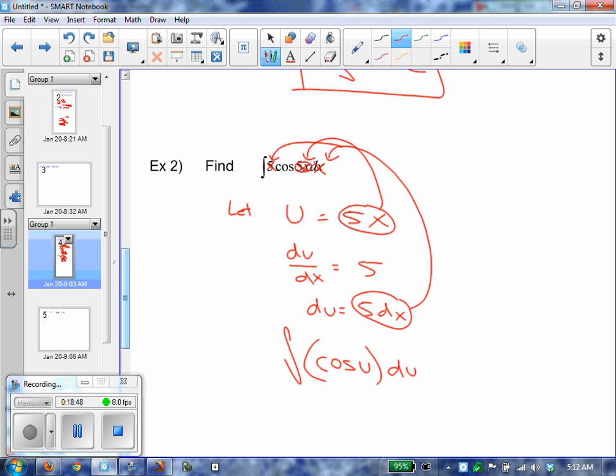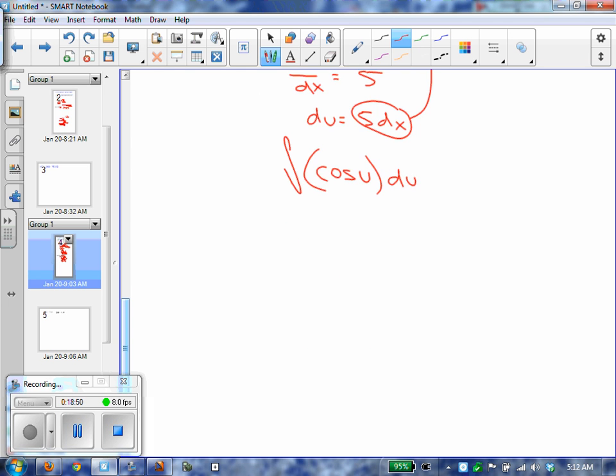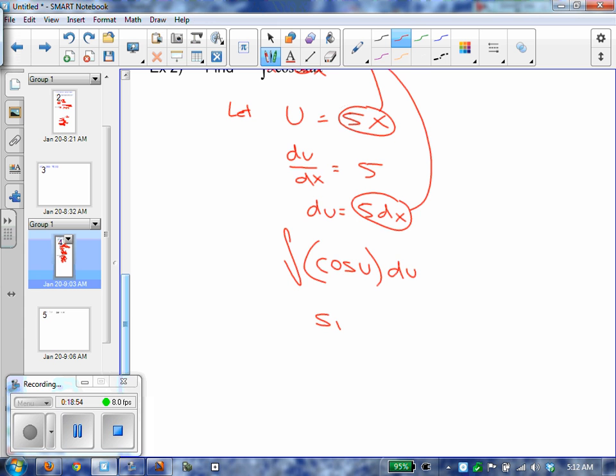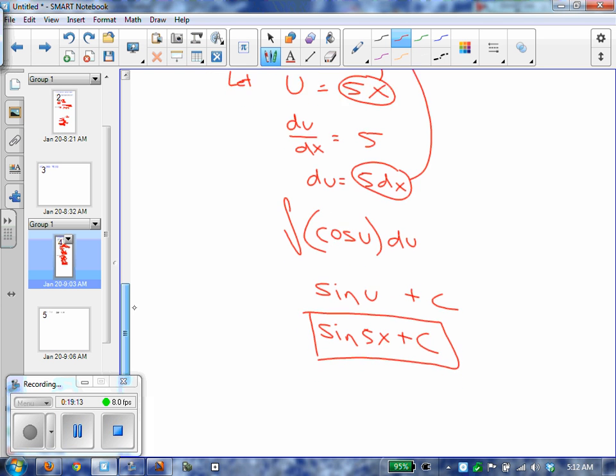That's way easy. What did you take the derivative of in order to get cosine? Sine of u plus c. But it wasn't a u, it was a 5x. So maybe the hardest part is identifying what the inside part is. I think you guys can handle the integration and the substitutions.